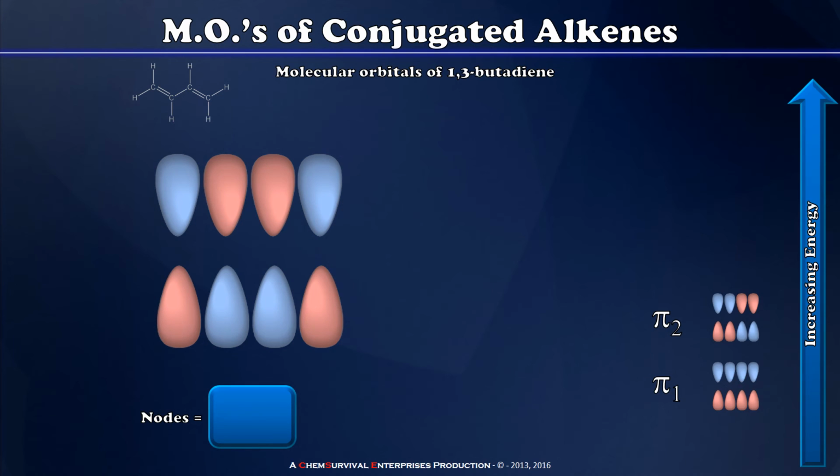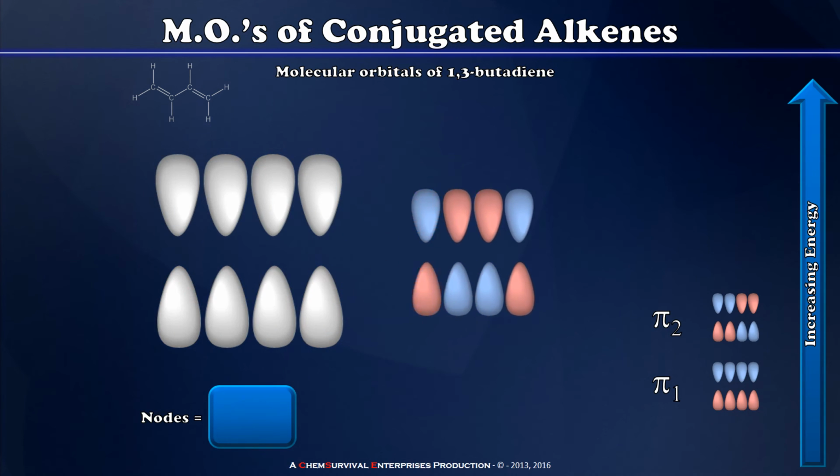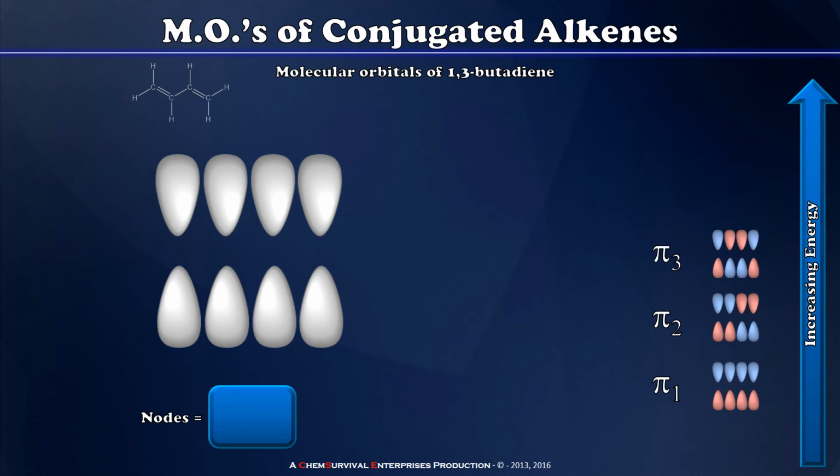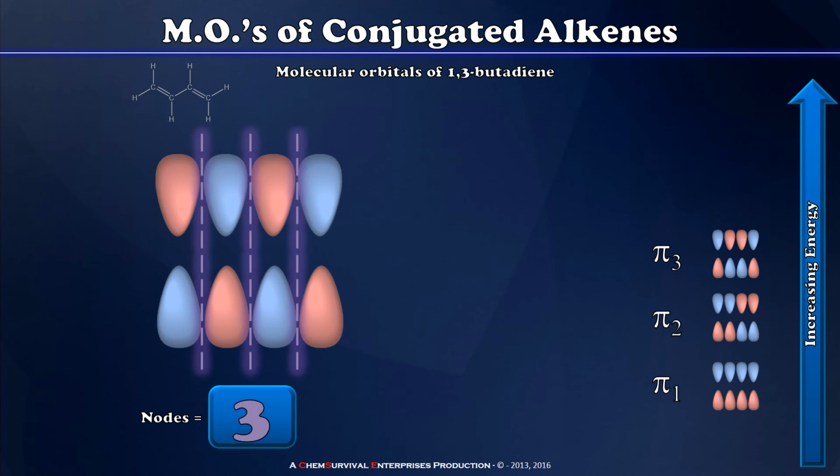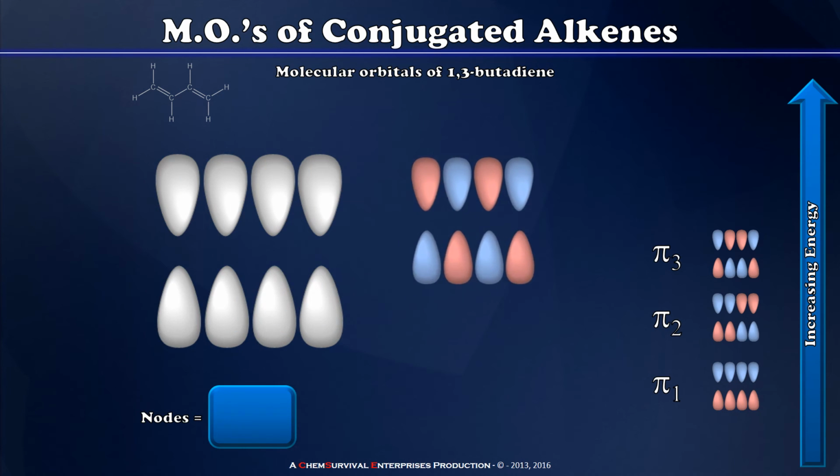A third possible permutation of the up and down alignments is one in which I have 2 nodes. Naturally, because this has an additional node, we'll have to place it higher and call this pi 3. Finally, the last arrangement that's possible is one in which none of my p atomic orbitals are aligned in phase, and therefore I have a molecular orbital with 3 nodes.